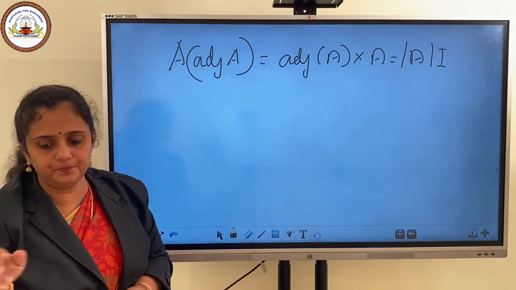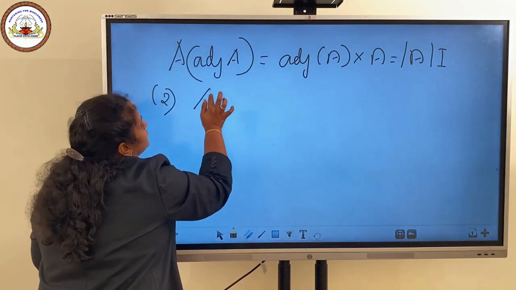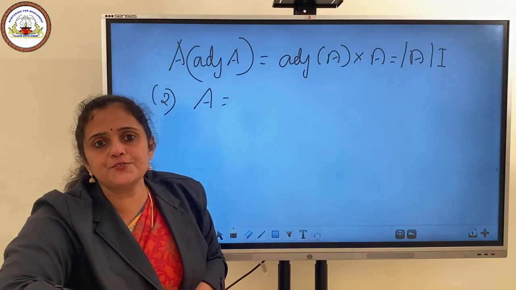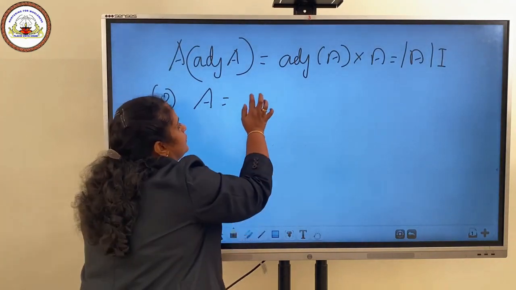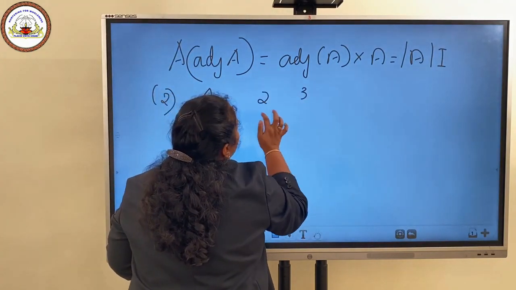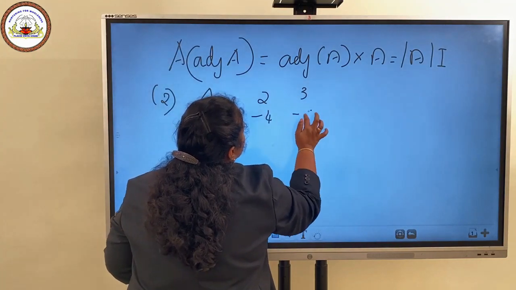A is the matrix with first row 2, 3 and second row minus 4, minus 6.